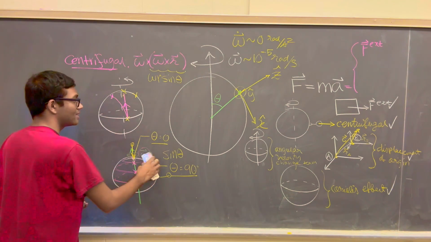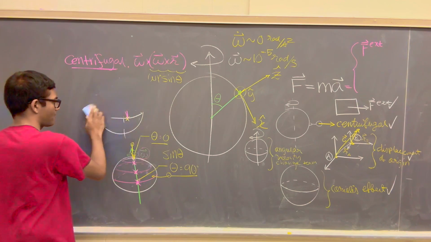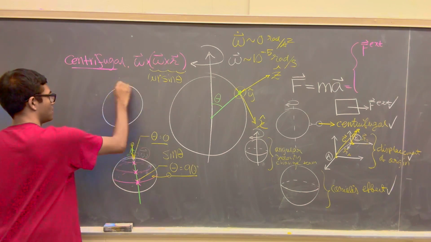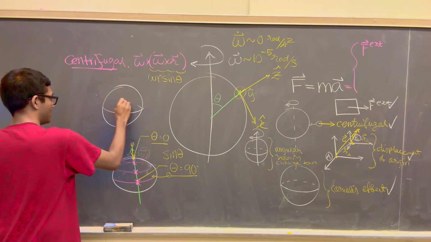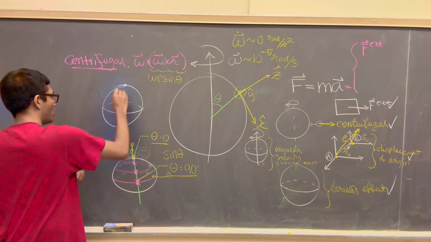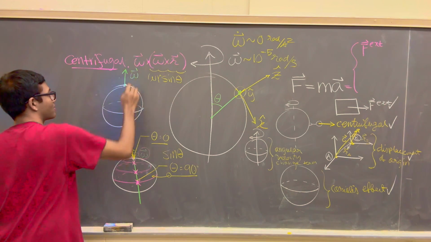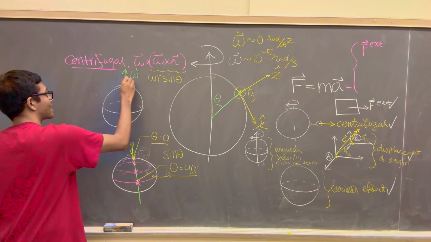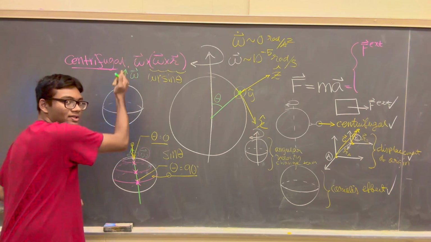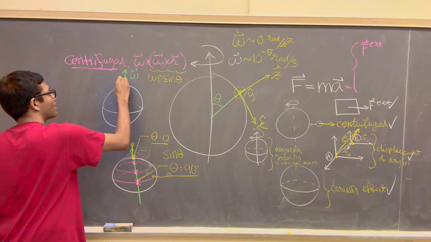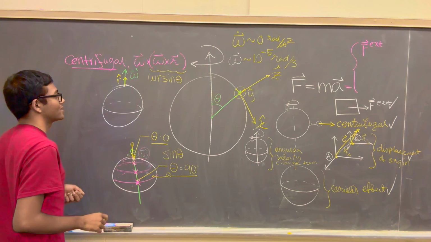So let's erase this picture over here. Here's the Earth once more. Here is the equator. And at the North Pole, of course, the direction of the angular velocity of the Earth is straight up, right? It's rotating around this axis, but the angular velocity vector is pointing straight up. And at the North Pole, the radial vector r is also pointing straight up.